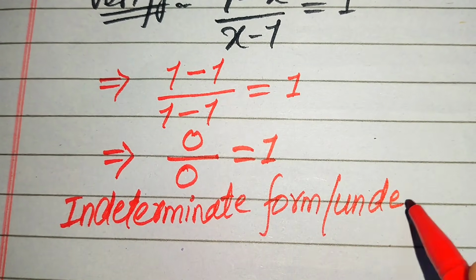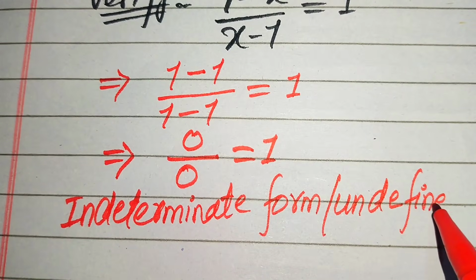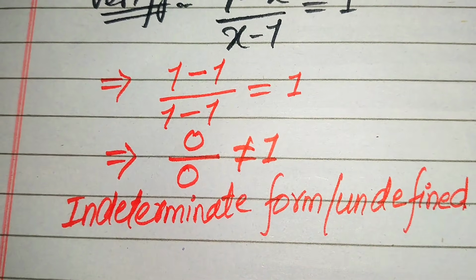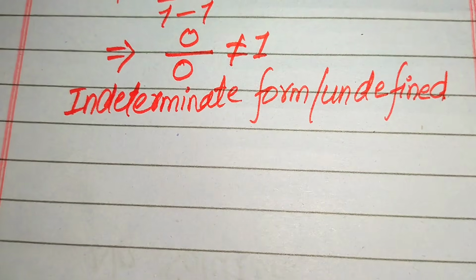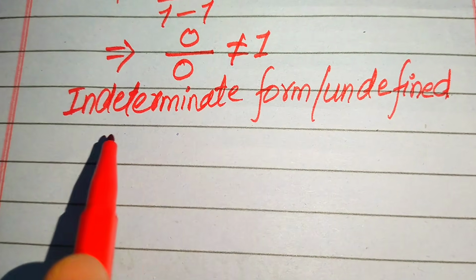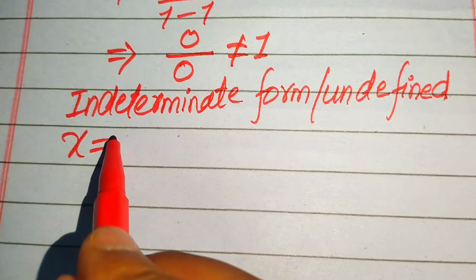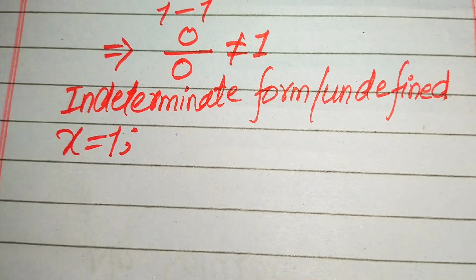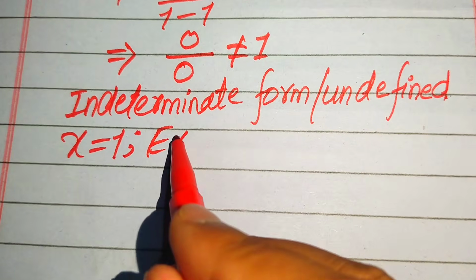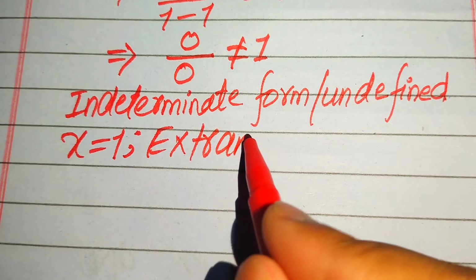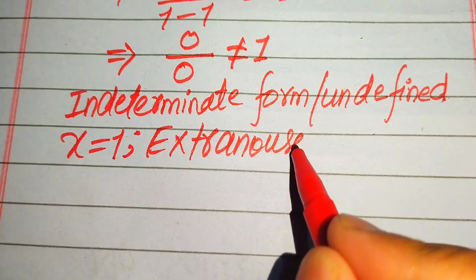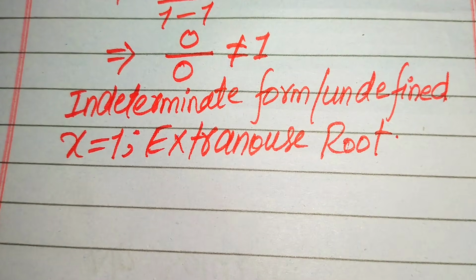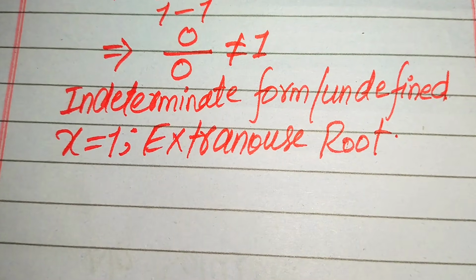So if our left hand side is undefined, this means that both sides are not equal, and this concludes that the value x is equal to 1 does not satisfy our given question statement, and we call x is equal to 1 an extraneous root of the given equation. Okay, so this is the extraneous root because it does not satisfy our given question statement.